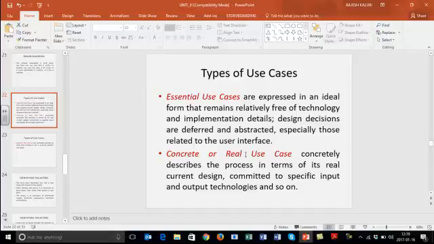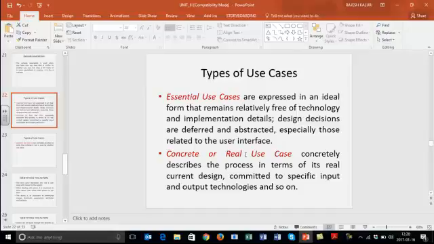So whichever are quite important when you are performing a system, that can be named as essential use cases.